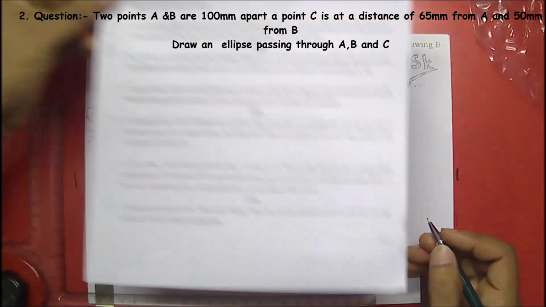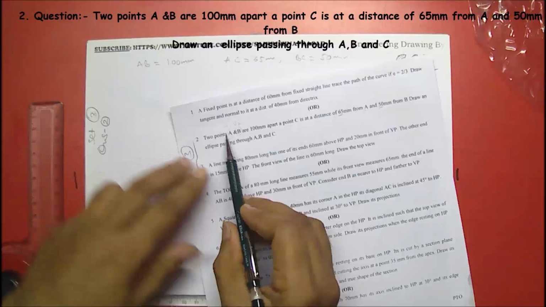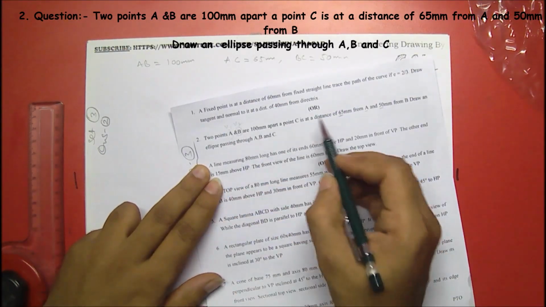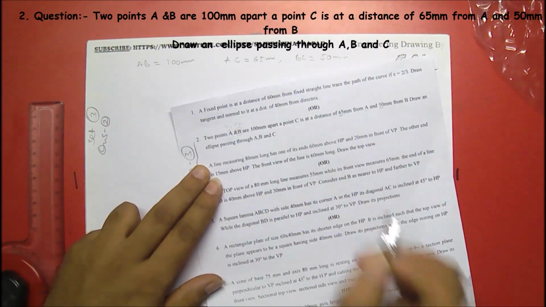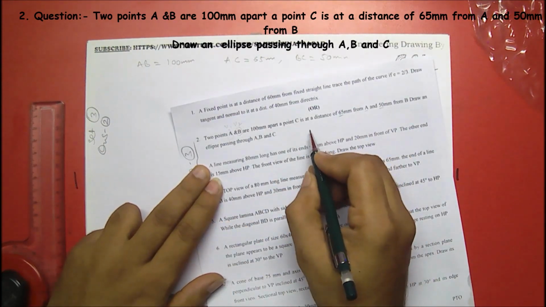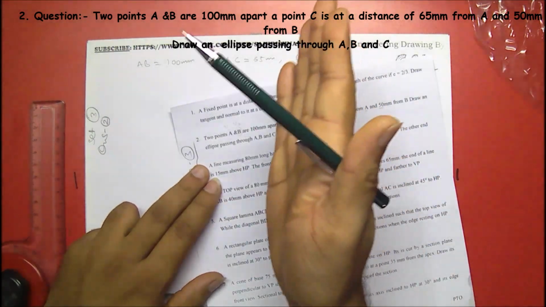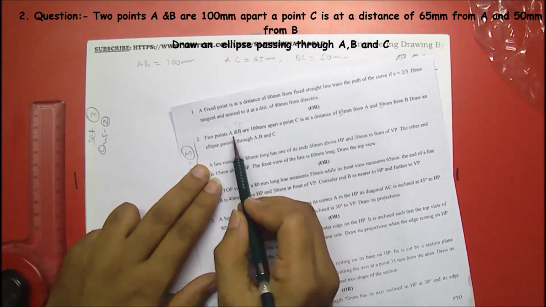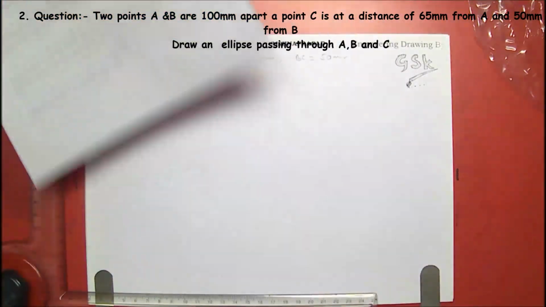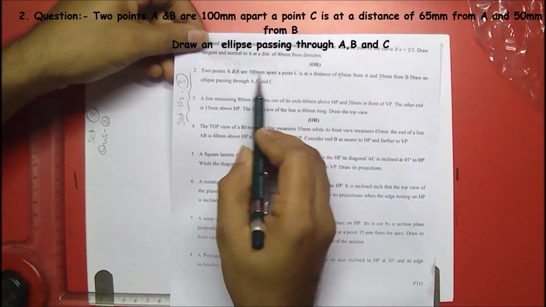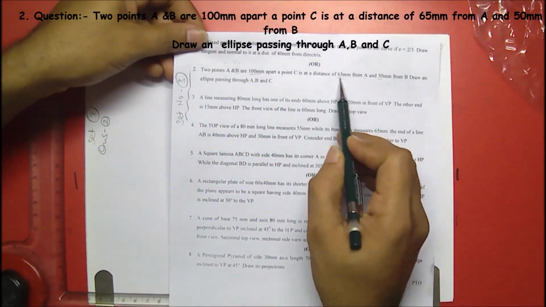And AB, that is V1 V2, is the major axis, and C and D, the other points, would be the minor axis. The major axis and minor axis pass exactly through the center. So let's draw the major axis of 100 mm.